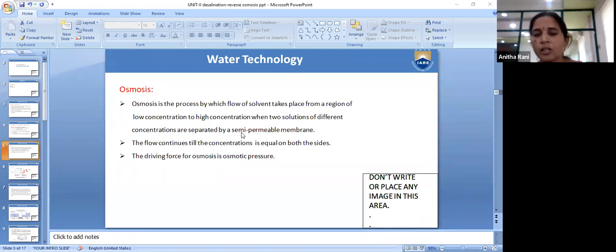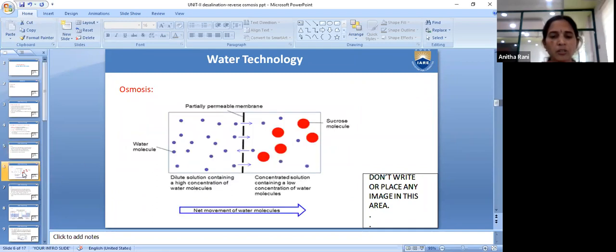So in the osmosis process, the flow of solvent takes place from the low concentrated to the high concentrated solution. You can look at the diagram here. This is the dilute solution, and this is the concentrated solution. Now you can see the movement of water molecules from lower concentration to higher concentration through the semi-permeable membrane.